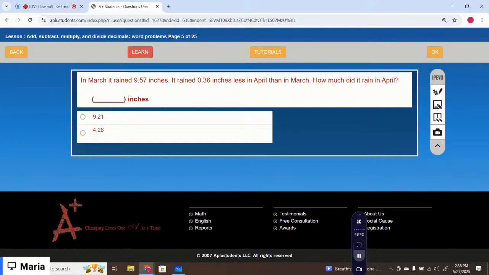You have to do 9.57 minus 0.36, so which is the correct option. That is 9.21. Option number one is the correct option.